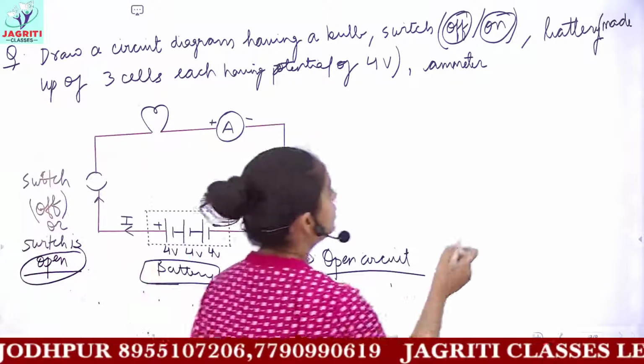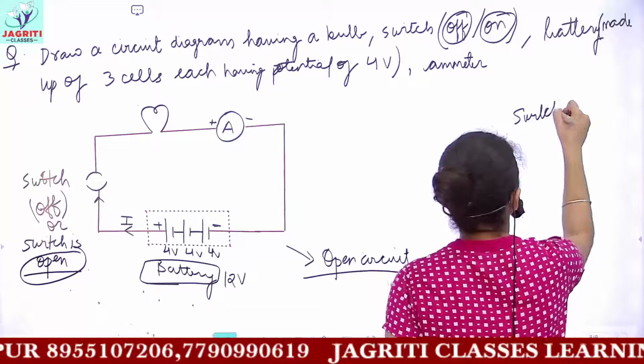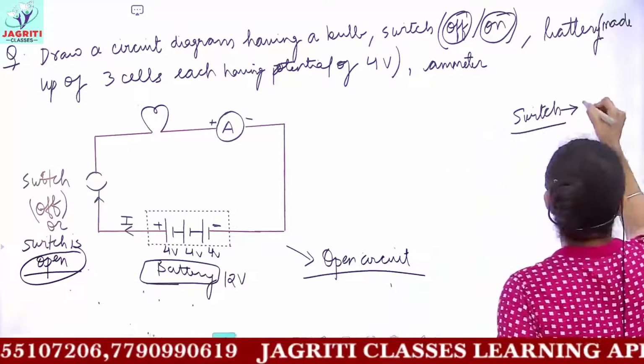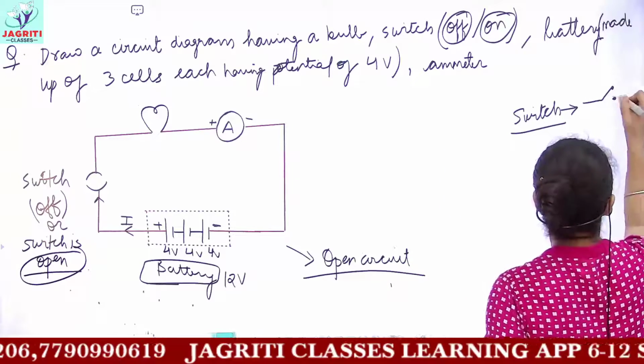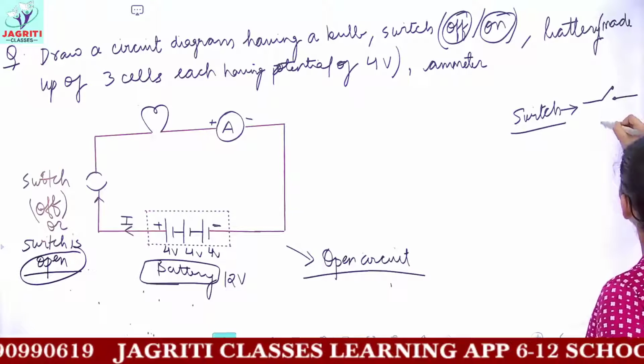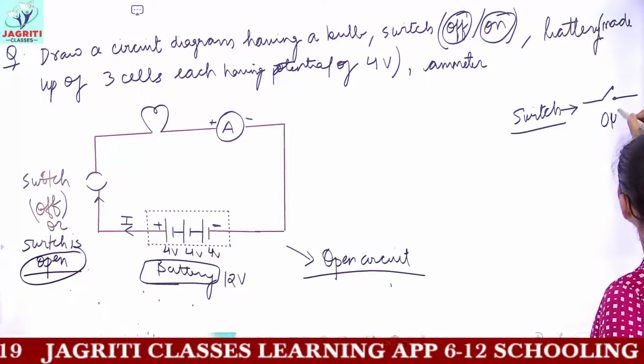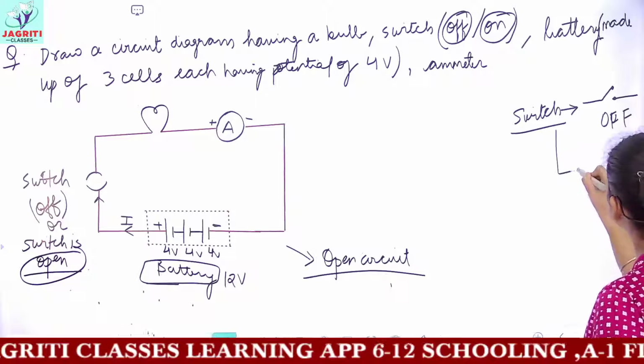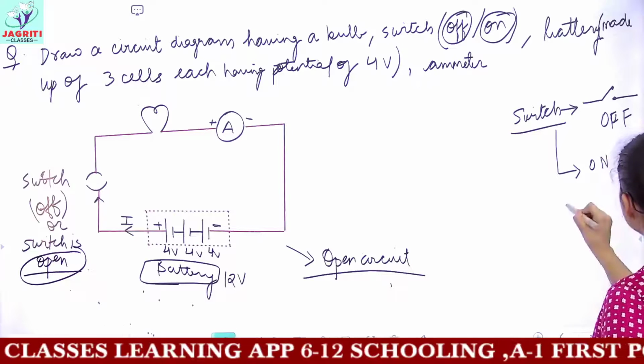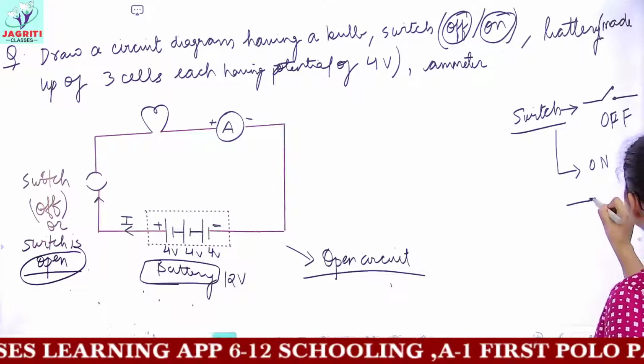You can also represent a switch in this manner. So this is the switch when the switch is in off condition, and when the switch is in on condition, it can be represented like this.